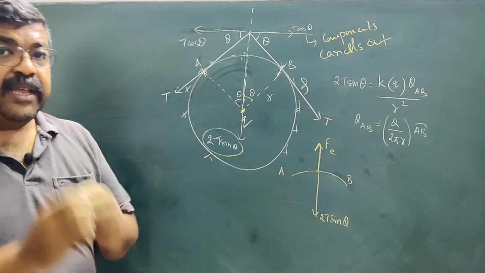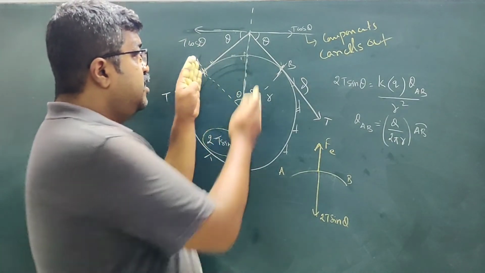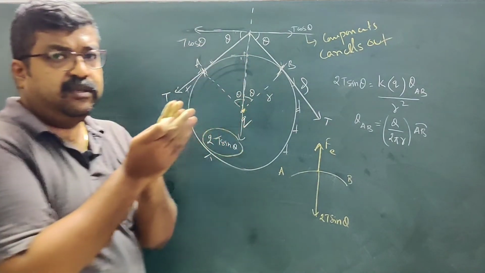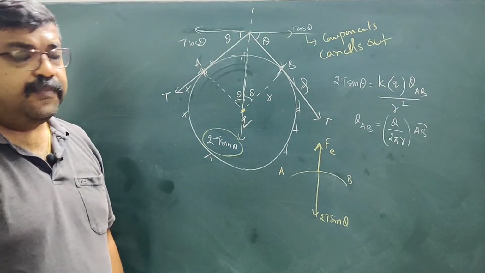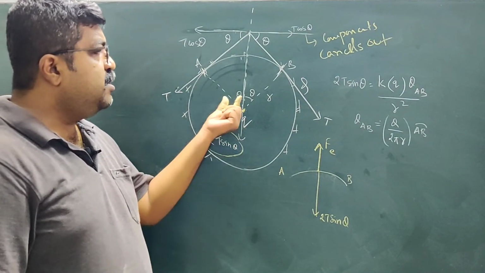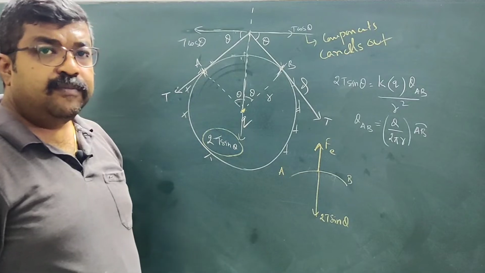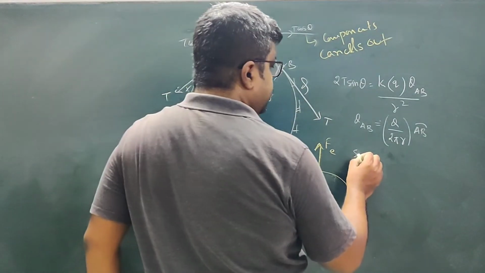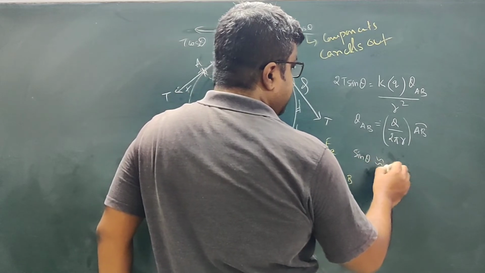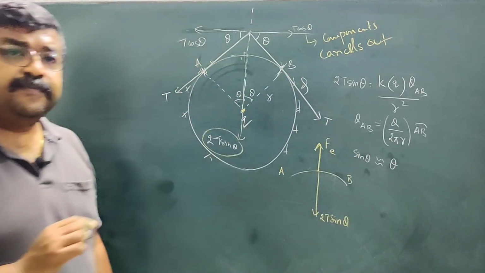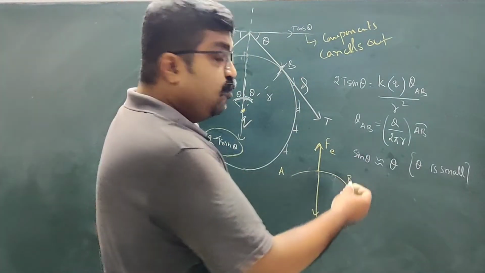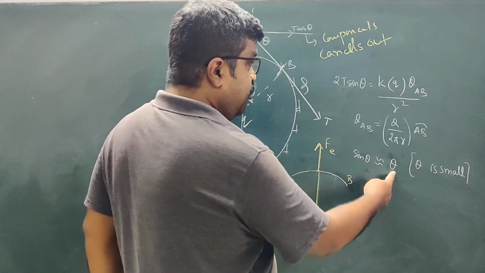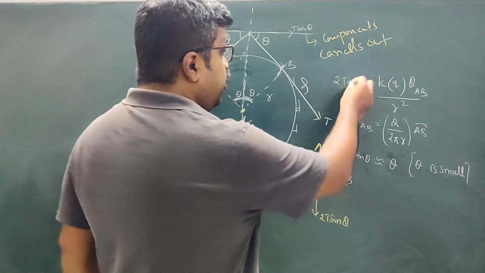Now in the beginning I told you that A and B are very close to each other. Since they are very close to each other, these angles are very small. So for small angle, this sin theta can be replaced by theta. Substituting sin theta equal to theta in this expression, what do we get?